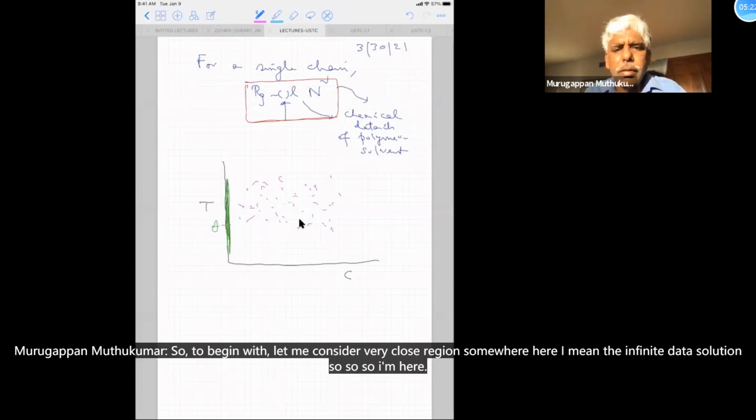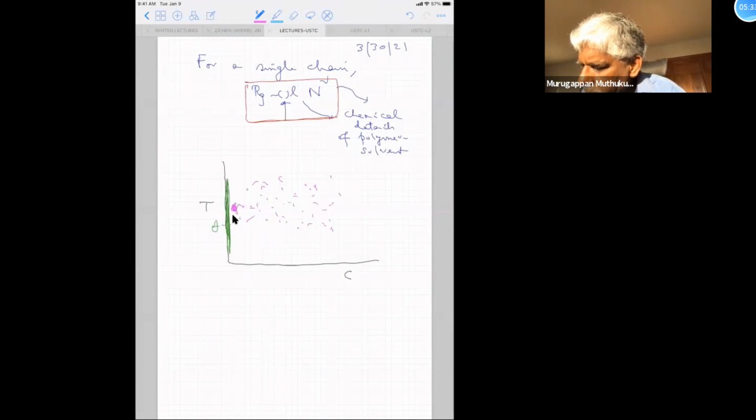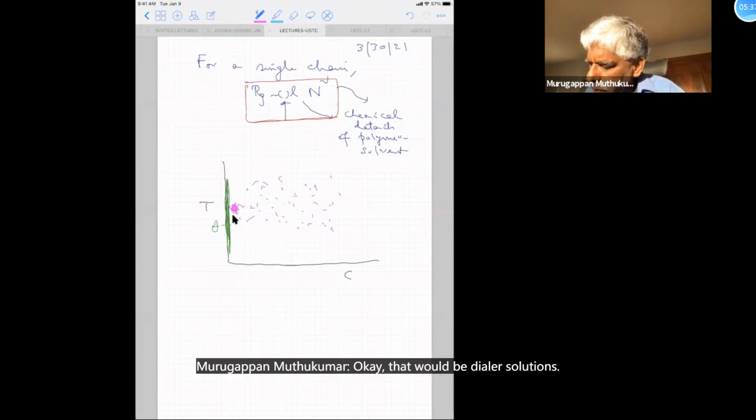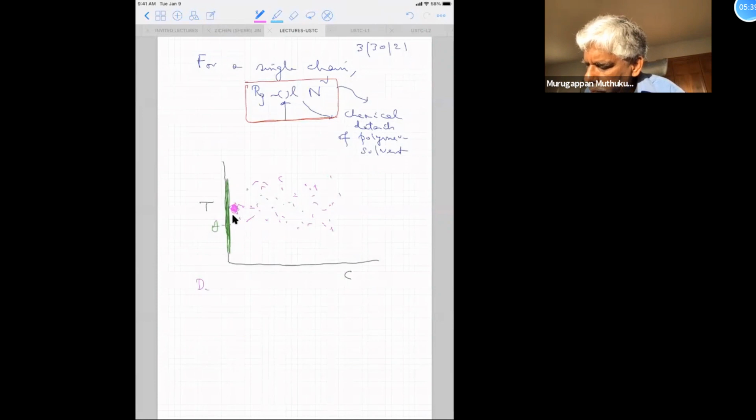So to begin with, let me consider a very close region somewhere here, near the infinitely dilute solution. So I'm somewhere here to begin with. That would be dilute solutions.